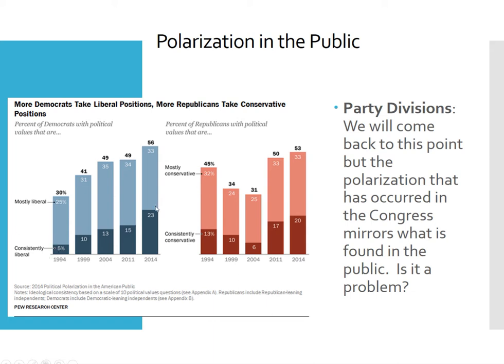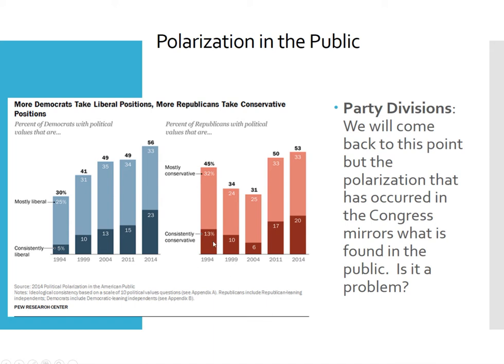The Pew Research Center maps out the ways in which you see Democratic opinion being more consistently liberal, so Democrats more identifying as mostly liberal, or consistently liberal, though they are becoming not only a little more partisan, but a little bit more ideologically liberal.